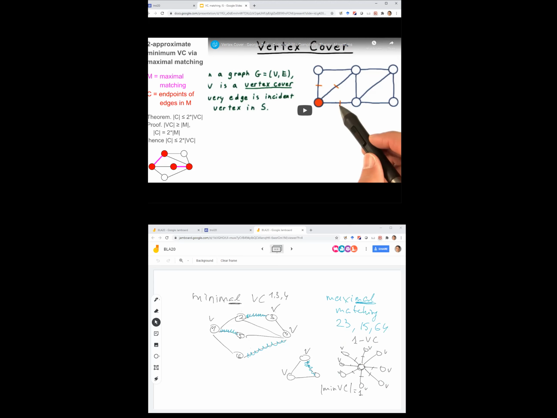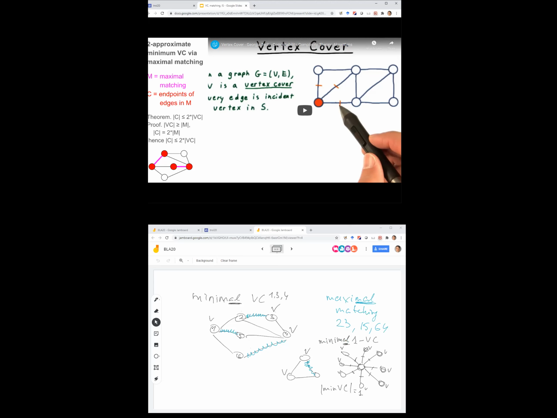Okay, so all these vertices are in your vertex cover, but this vertex is not. This is still a vertex cover. I mean, again, every edge has one of its endpoints covered. The bad news is that this is actually a minimal vertex cover.